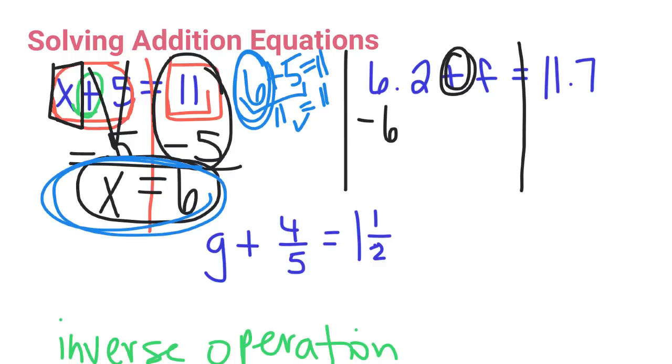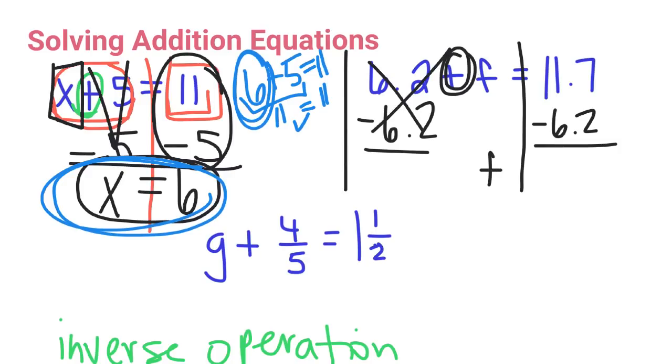So I need to subtract 6.2 on both sides. When I subtract 6.2 from 6.2, they become 0. So I would have f equals 11.7 minus 6.2. So 7 minus 2 is 5. Bring down my decimal. 11 minus 6 is 5. So f would be equal to 5.5.